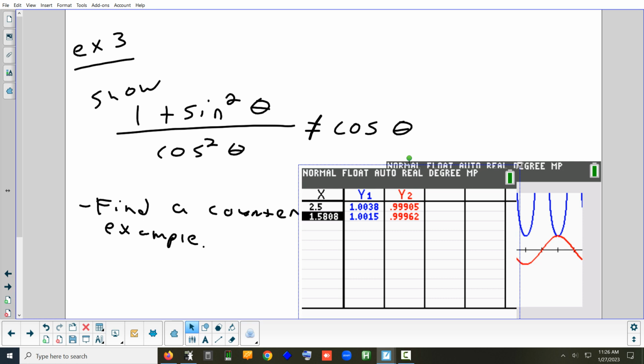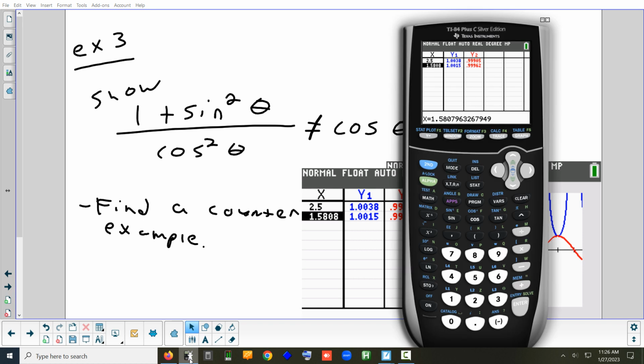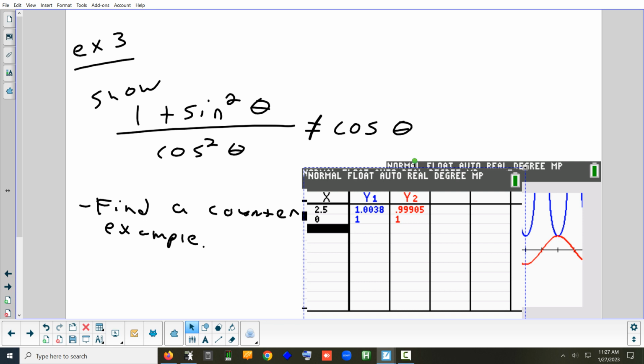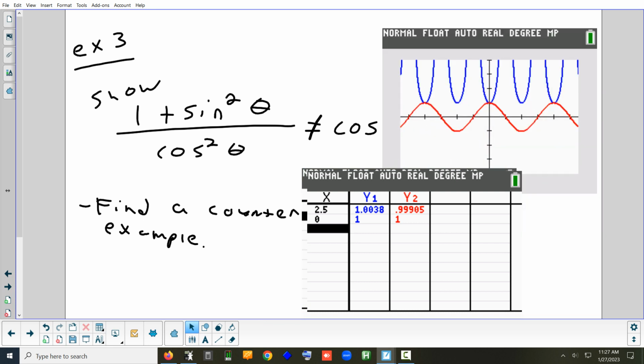If I plug it in on the right, I get 0.999. And those two values are not equal, which proves what's on the left does not equal what's on the right. But again, a bad one to pick would be 0, because now it makes it look like what's on the left is the same as what's on the right. And in that case, it is. But in most cases, it isn't.